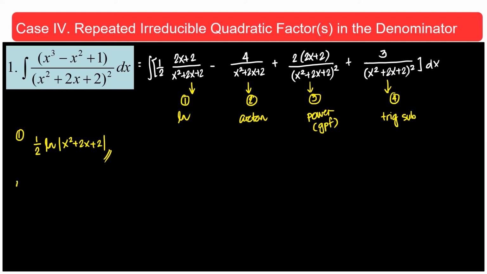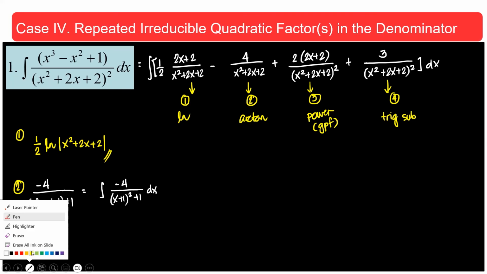All right, number 2. Let's solve it because it's a bit more difficult. -4 over x squared plus 2x plus 1 plus 1. So we can make it the integral of -4 over x plus 1 squared plus 1 dx. We don't need the 4. Okay.